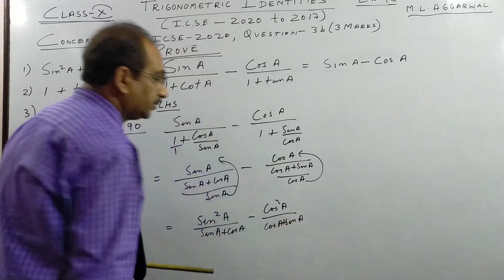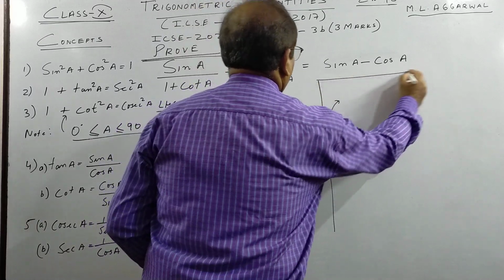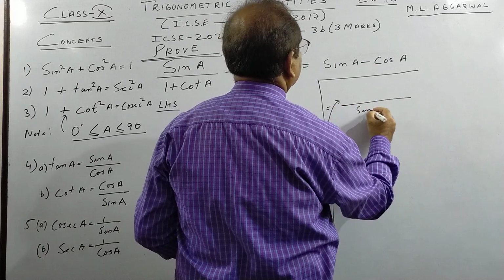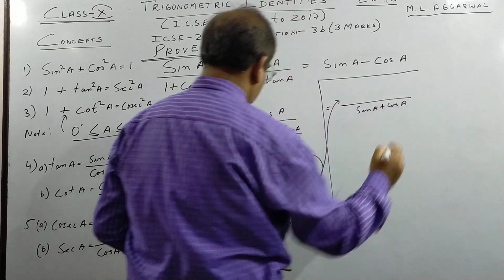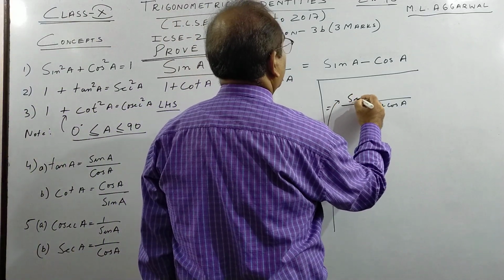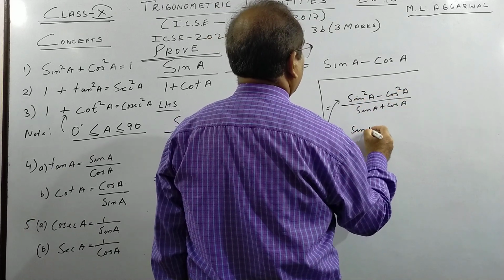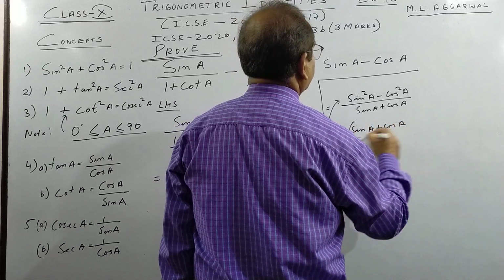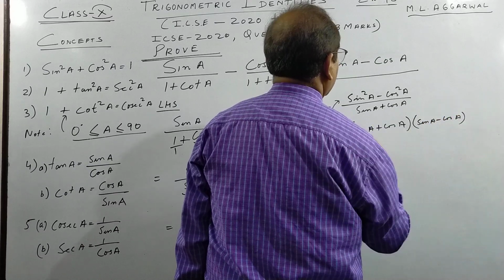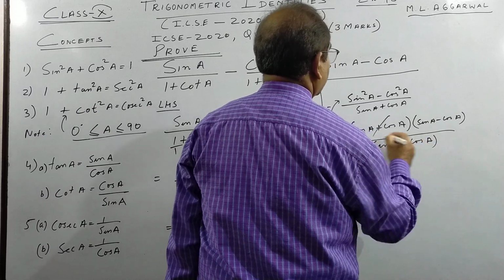Plus will be here. Next you see we have a common denominator, sine A plus cos A, and since we have a common denominator, the numerators are just added or subtracted as they are, minus cos square A. This is sine A plus cos A, sine A minus cos A upon sine A plus cos A. So this will cancel.